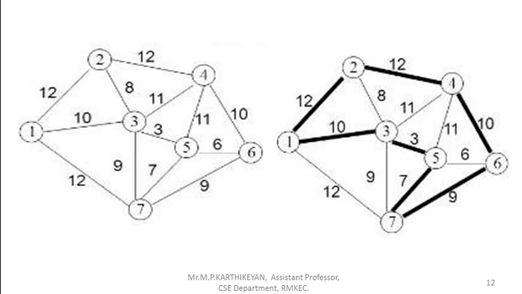Now we have to listen very carefully, students. From node 5 we have 3 more edges, and the remaining values from node 5 are 11, 6 and 7. Obviously the lowest value is 6.